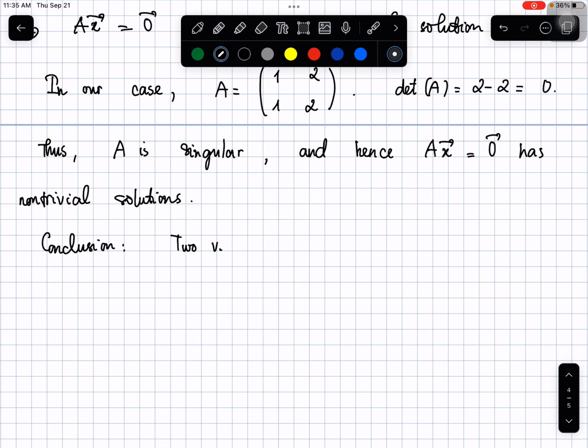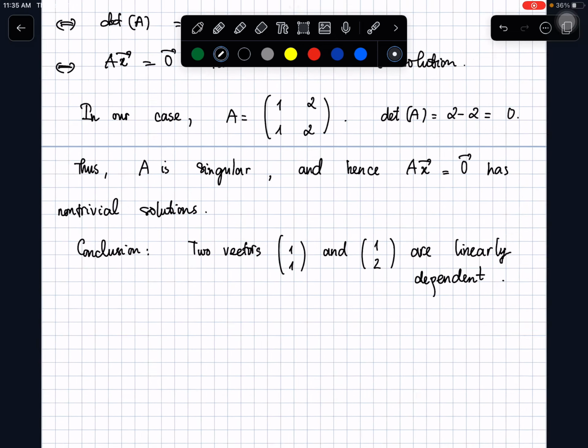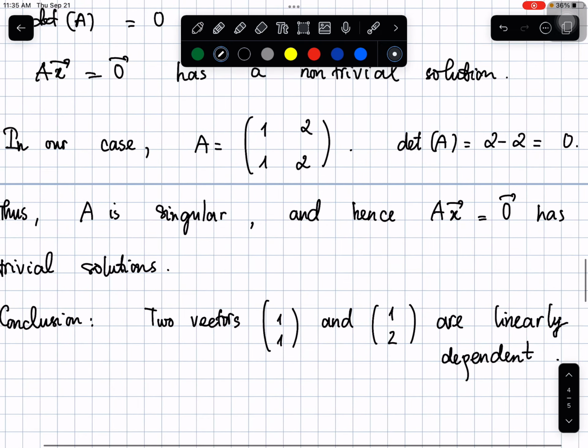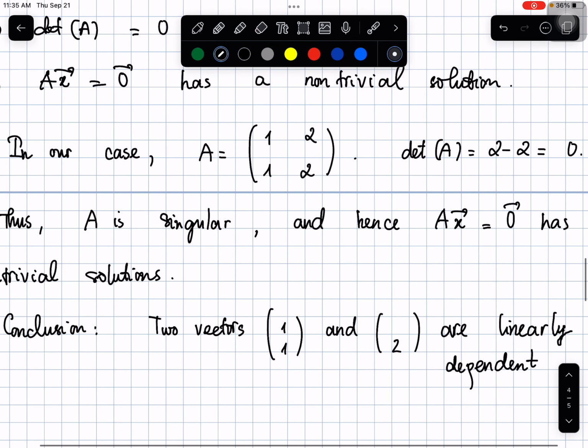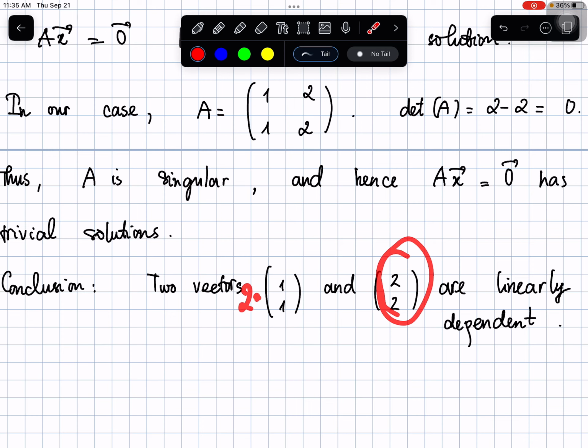So the two vectors 1, 1 and 2, 2 are linearly dependent. In fact, we can see in this example it's super easy because the second vector is just 2 times the first vector, right?